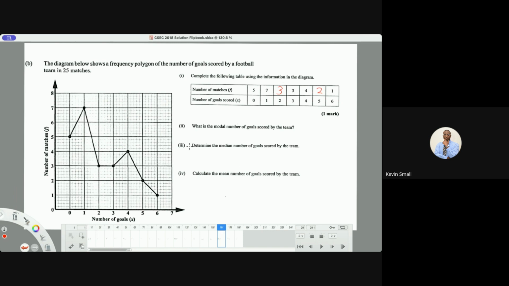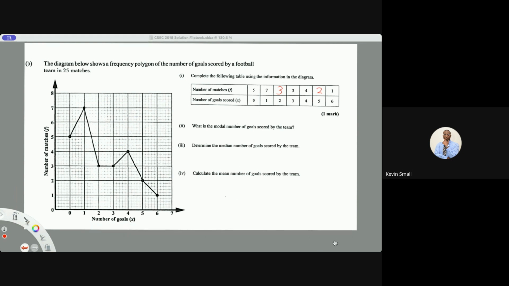One more. Now, what is the model number of goals scored by the team? Is Vivian still there? Actually, let me check to see if Vivian's still there. Vivian, what is the model number of goals scored, Vivian?